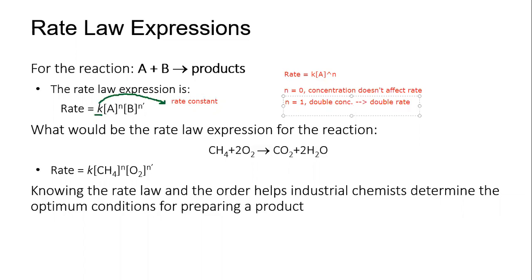And then if n is 2, that means if you double the concentration, you would quadruple the rate. Again, this is determined experimentally for different reactions, so you have to get experimental data to solve for what this n is. That tells you how effective that reactant is at changing the rate. These are just some of the common numbers that we use: 0, 1, and 2.